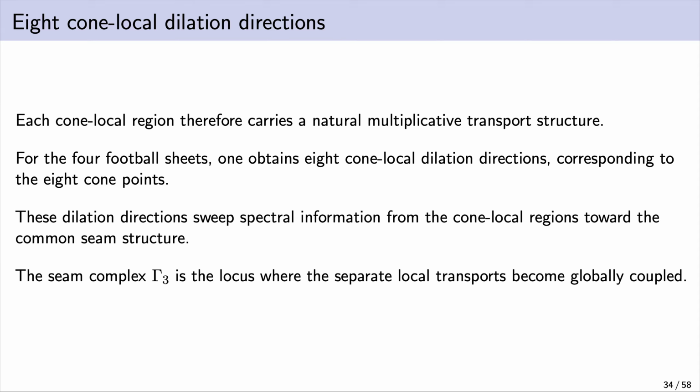You can imagine concentric S1s, just loops, being fired out of each cone point, and they're basically like waves, or idealized circles that get shot out from the cone points.